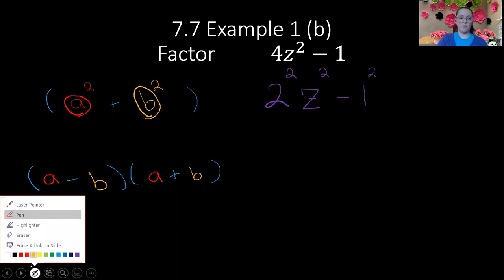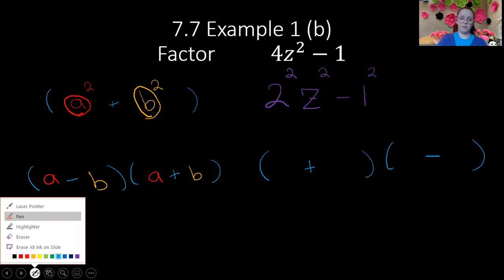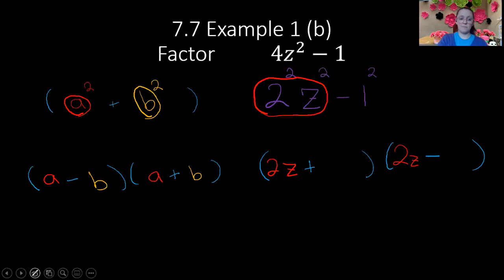All we need to do now is put this into our parentheses. So we're going to build our parentheses. 1 is going to be a plus and 1 is going to be a minus. It doesn't matter what order they're in. And then you're going to take whatever is being squared. So both of those pieces, the 2 and the z, the 2 and the z, both of those are going to be there.